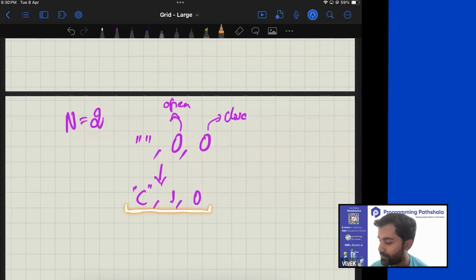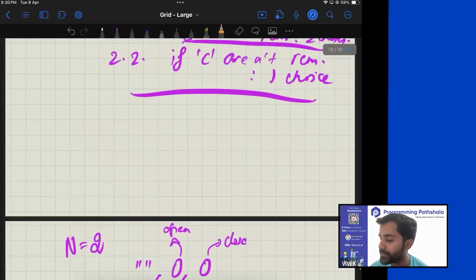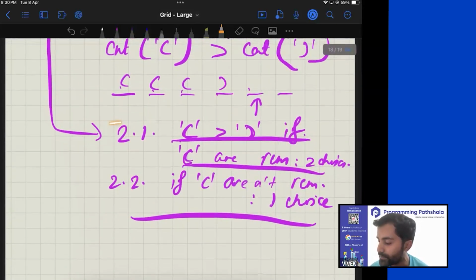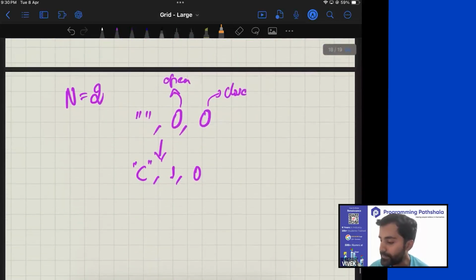Okay, now let's look at this situation. This is the situation where the count of opening braces is greater than the count of closing braces. So it corresponds to either this or this. Now you tell me, does it correspond to 2.1 or 2.2? Your count of opening braces is greater than the count of closing braces, and at the same time, all the opening braces are not used up. You can see n is equal to 2 and you have only used exactly one opening brace.